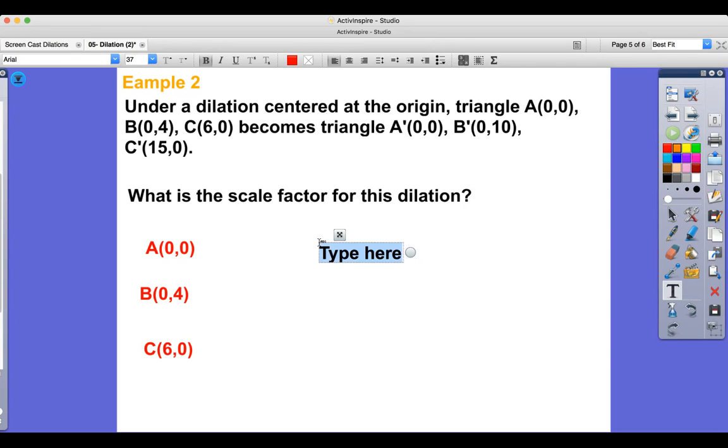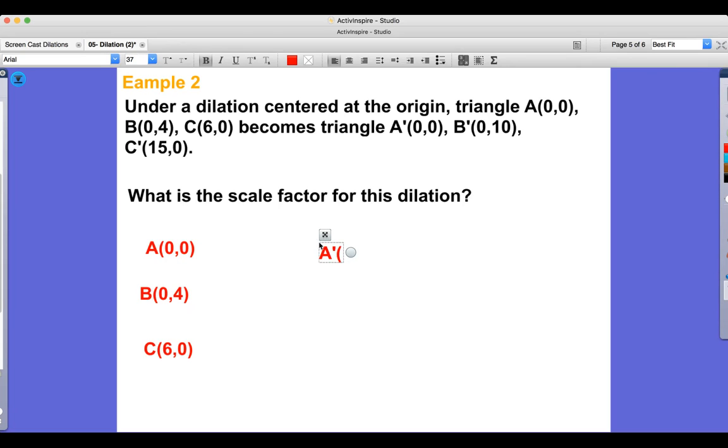B prime is 0, 10. Sorry, A prime is 0, 0. C prime is going to be 15, 0.